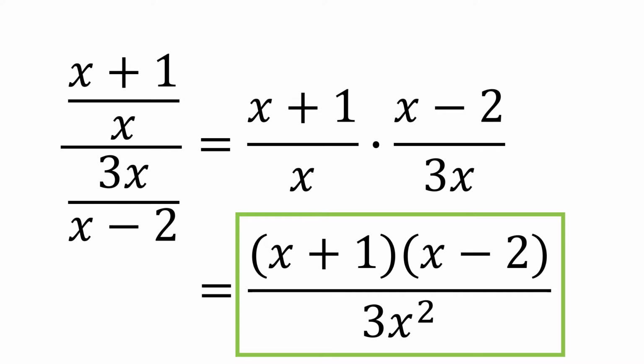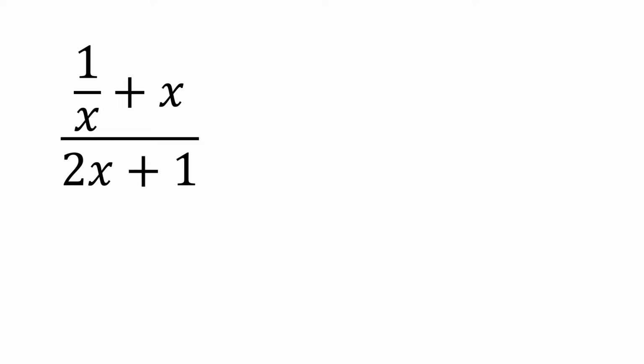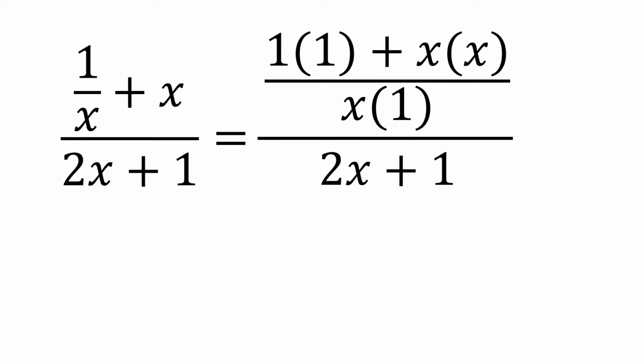Now let's say we have (1 over x plus x) over (2x plus 1). Now to simplify this, we first simplify the numerator by adding the terms. By property of fractions, this equals (1 times 1 plus x times x) over (x times 1), over 2x plus 1.